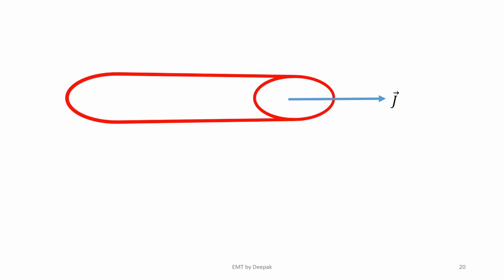Now let us consider a conductor whose conduction current density J bar is in this direction.